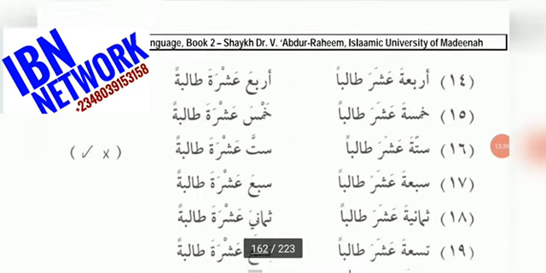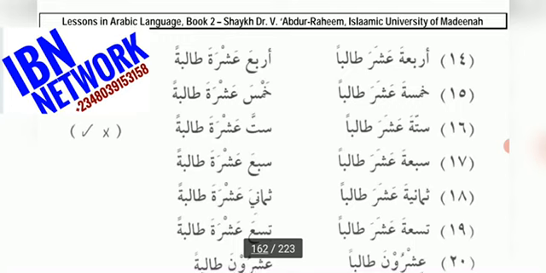So this is the secret. So also when you are counting 11 and 12, you also do the same thing. They will also match. Like you have ahada ashara طالبا, اثنا عشر طالبا. So that is that in a nutshell.